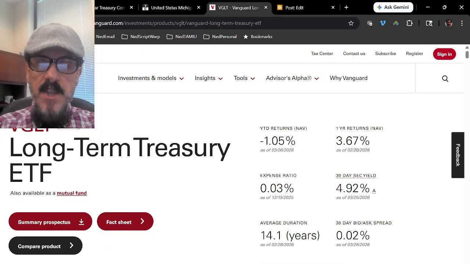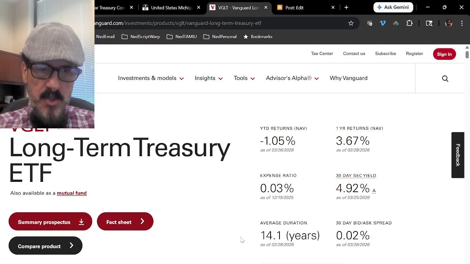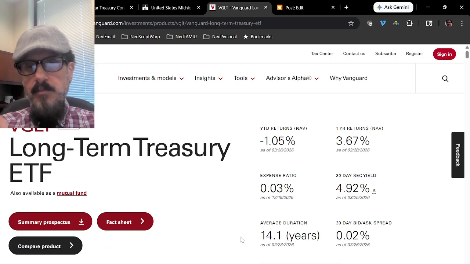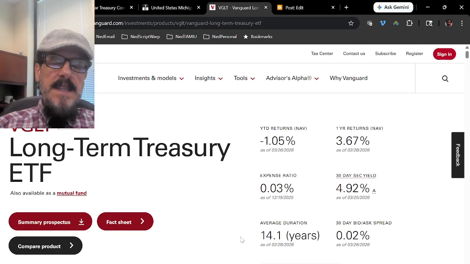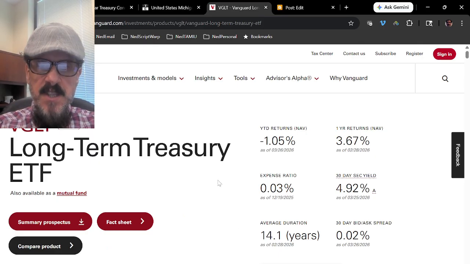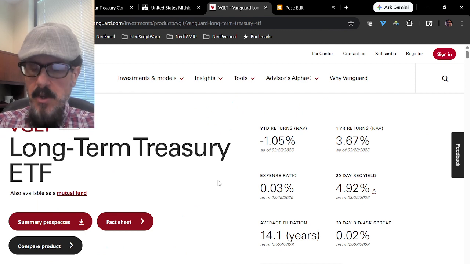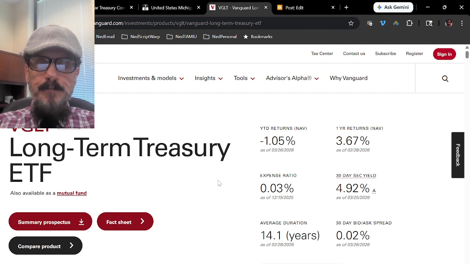The average duration is a number that tells you how much the fund is likely to appreciate in value, the money you're investing, if there is a 1% decrease in interest rates around that maturity of 21 years or so, or 20 years.